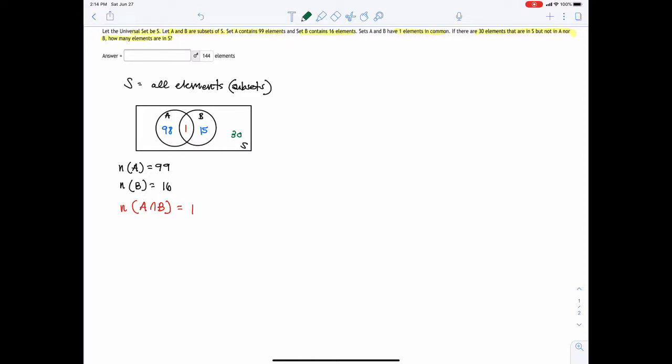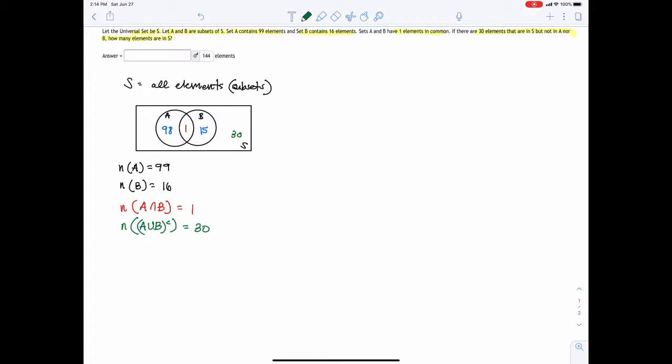Okay, and then how we would write that is if we want to include all the space outside of A union B, then that's just the complement. So the cardinality of A union B complement is equal to 30.